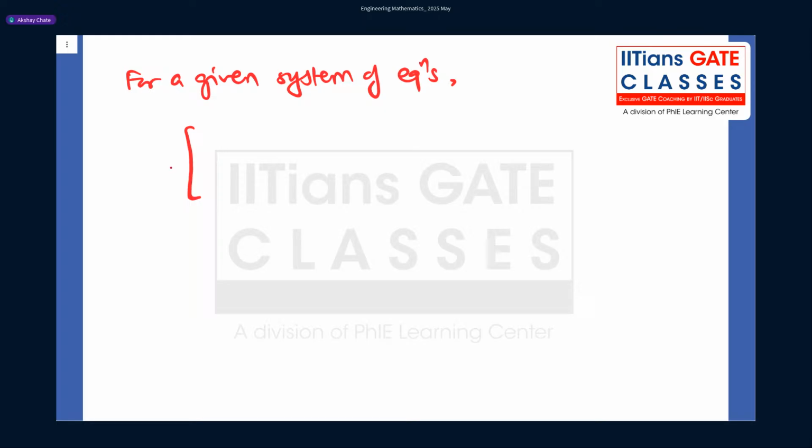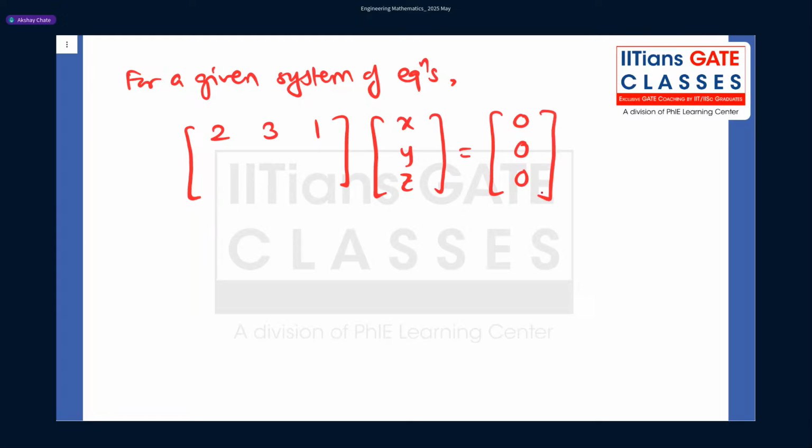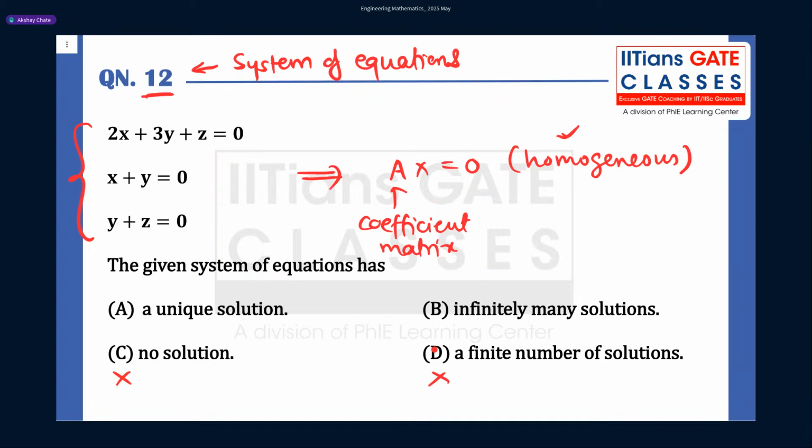So you make this the first row, 2, 3, 1, and these will be your unknowns x, y, z. And since it's a homogeneous system of equations, the RHS, or sometimes we call it the B matrix, all entries will be 0. It's a null matrix.